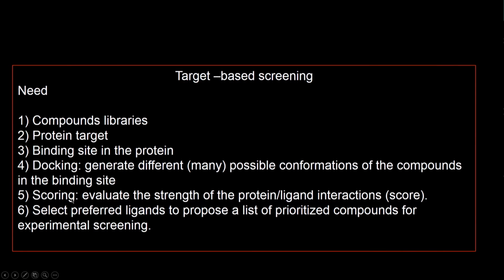Then many software packages perform scoring. It calculates a number, just like your marks, based on the energy of the non-bonded interaction, that is the binding energy or interaction energy. Many software packages have different ways of calculating the scoring function. The higher the scoring function, the better the binding we can say.